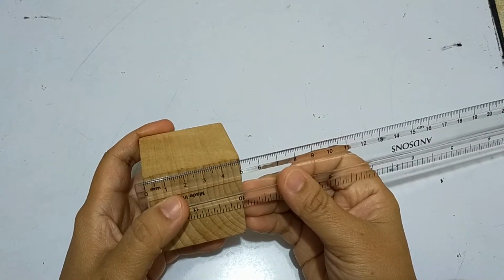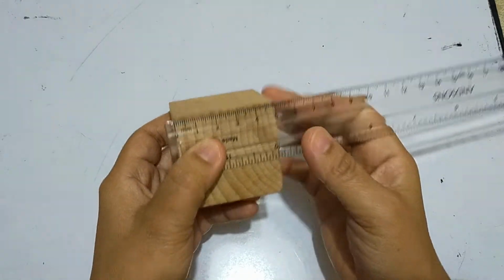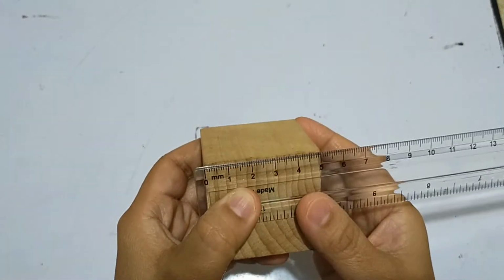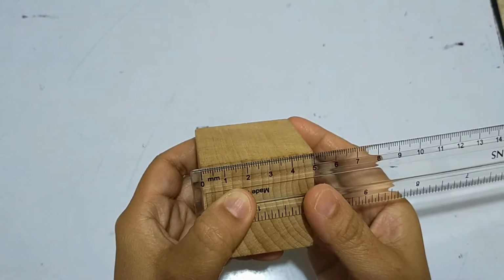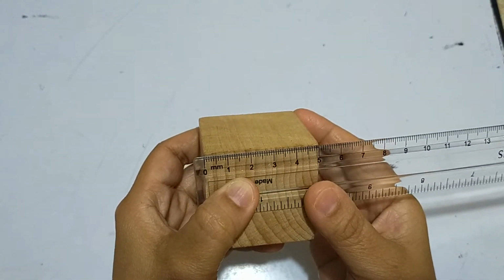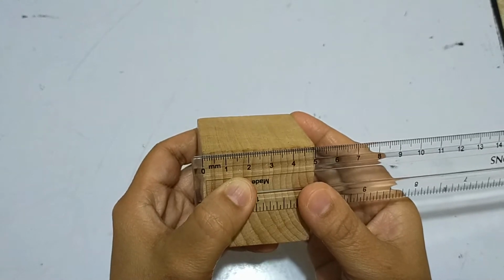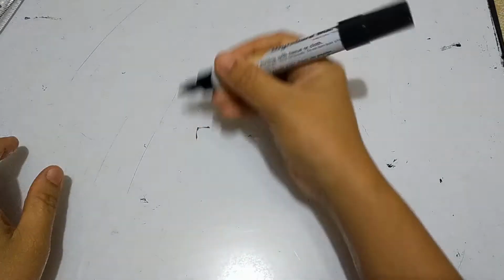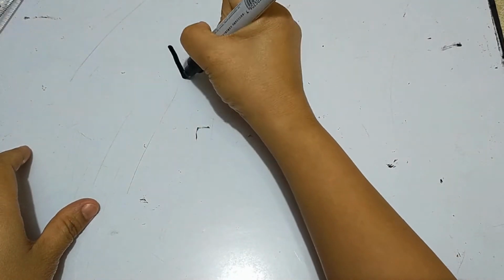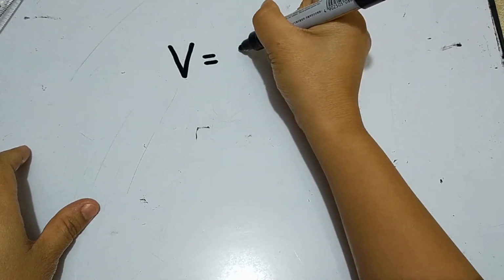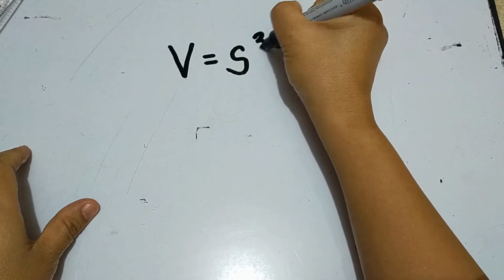As you can see, one of its edges or sides measures 5 centimeters. So we're going to apply the formula V equals S cubed.